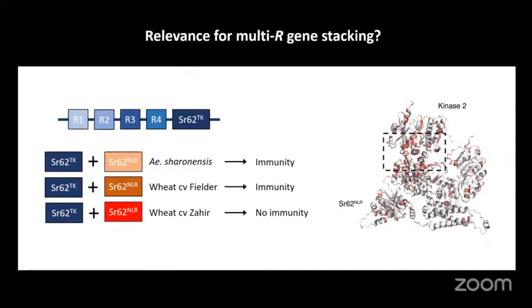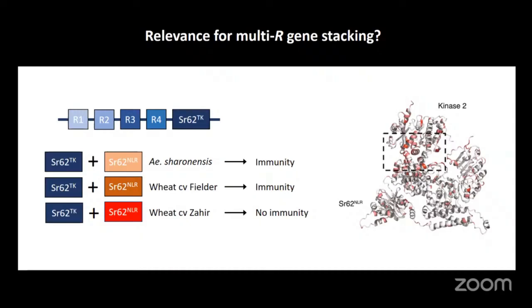But if you were to put SR62 into a stack and express that in the cultivar Fielder, it does work. So the Fielder NLR is able to work with the sharonensis version of the kinase, and you can get immunity. But we have shown that if we take another flavor of the NLR from another cultivar of wheat called Sahir, these two do not work well together and do not give rise to immunity.